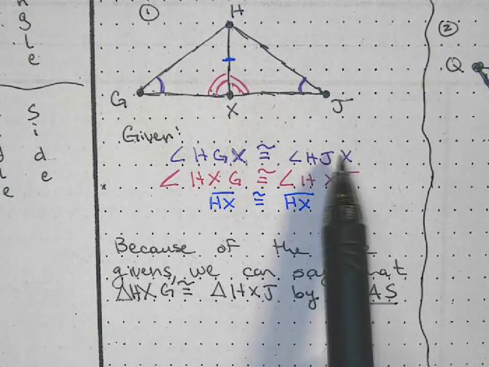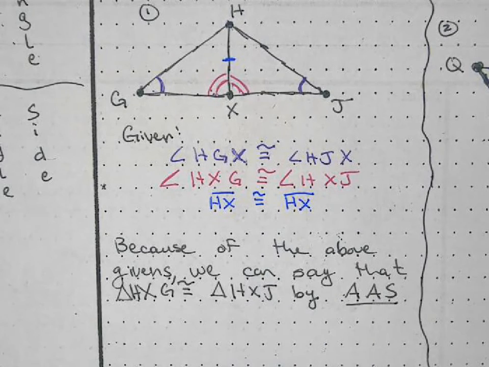So because of these three given statements, my angle, angle, side, I can say the two triangles are congruent.